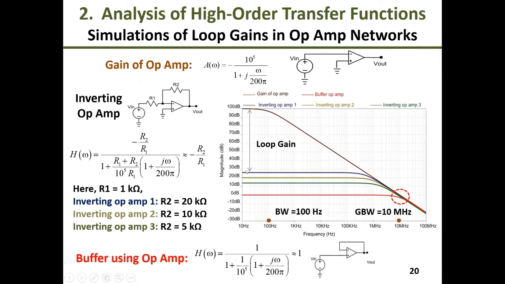We can use the op-amp at a different gain, and if we reduce the DC gain, we can increase the bandwidth of a network. And in the case of a buffer, we can see that the gain is 0 dB, and the gain bandwidth does not change in this case.